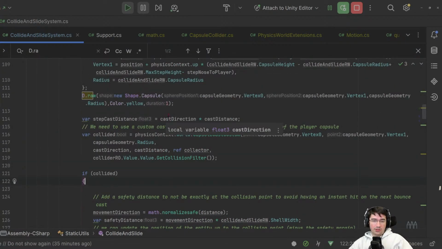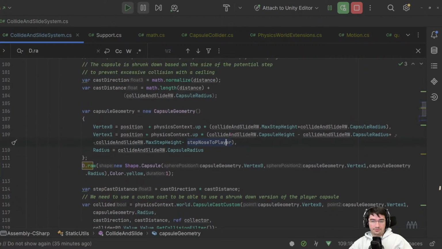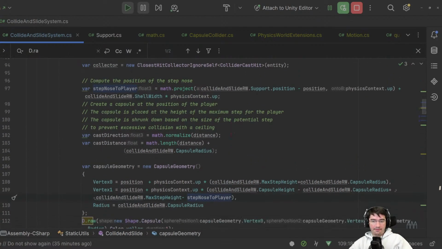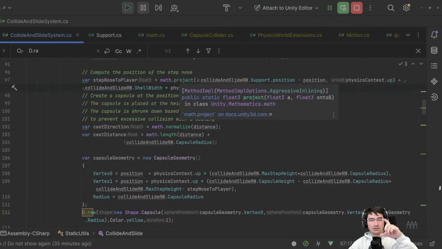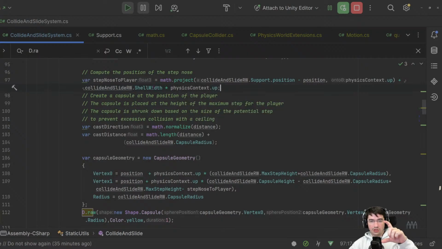So I'm not detecting the collision because I think I'm missing one of these. The capsule is already hovering over the ground by the shell width.